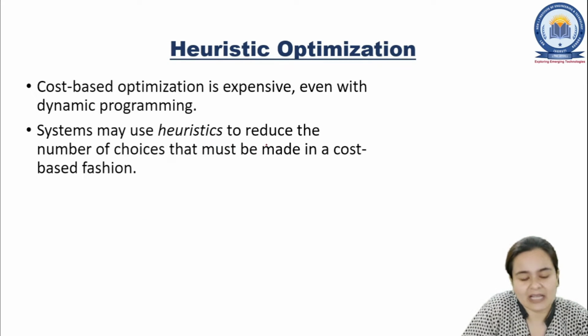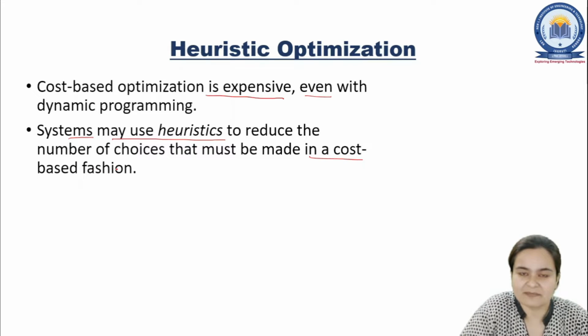Coming to heuristic optimization: cost-based optimization, as we have seen, is an expensive job, even with dynamic programming. So systems may use heuristics to reduce the number of choices that must be made in a cost-based fashion.